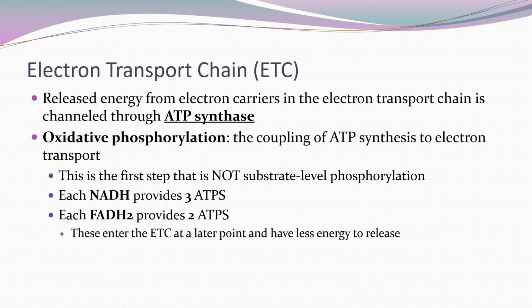So our electron carriers are not equal, and it's important to know how many ATP molecules are going to be produced per electron carrier and which type of electron carrier we're talking about.